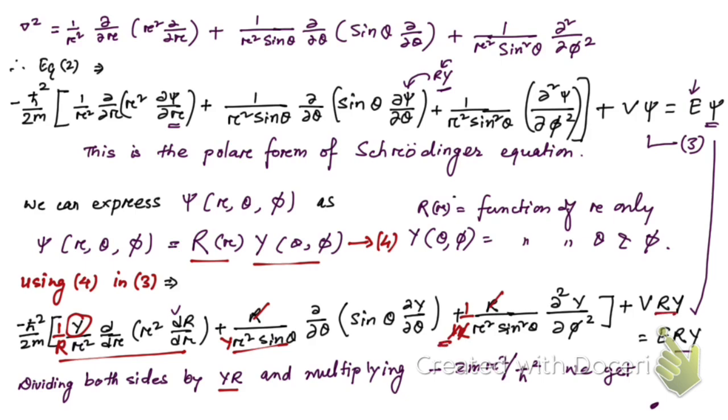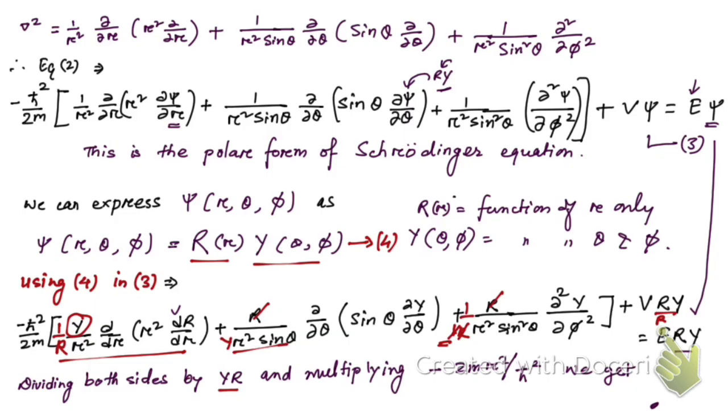Similarly you can divide this one also by ry. And then if you multiply this with this, definitely 2m will be cancelled, minus plus, h cut will be cancelled, so we're gonna get r square here. So hope you have understood all these things.